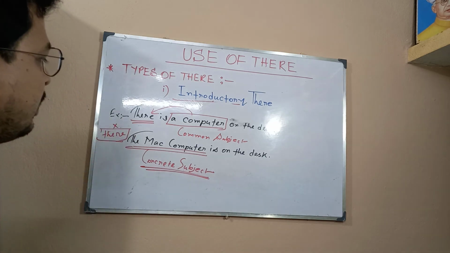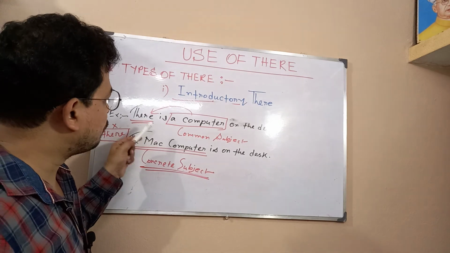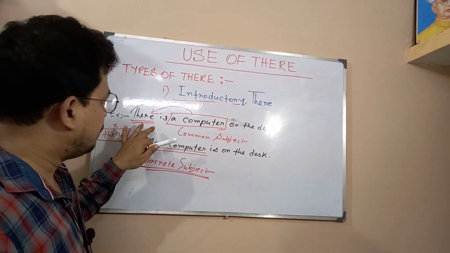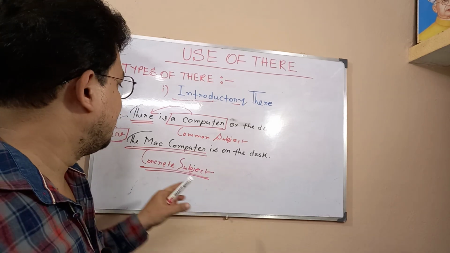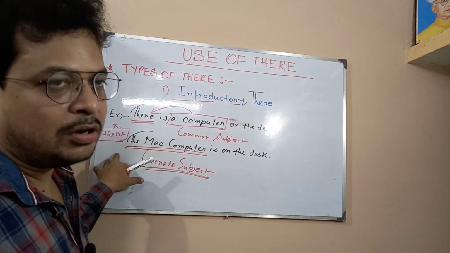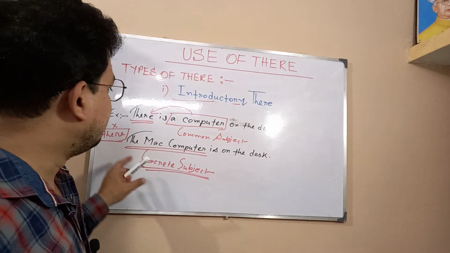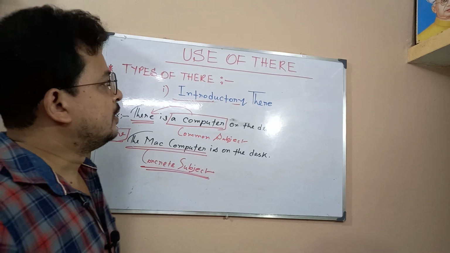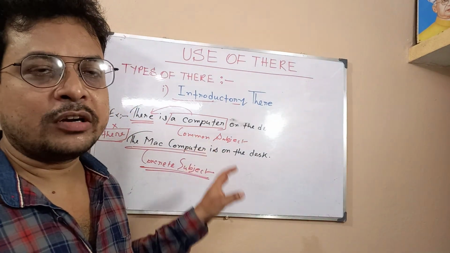I already told you, it is only used when the particular subject is not mentioned in that very sentence. But here the particular subject is already mentioned. This is why there will not sit before this particular subject. So there is valueless here. So do you make out that it was the class on introductory there?